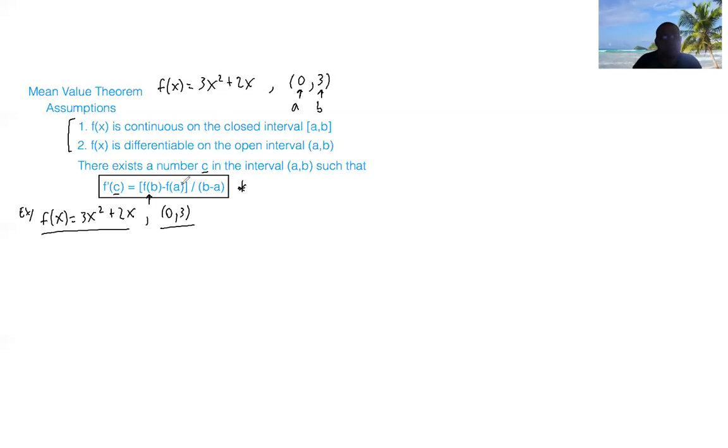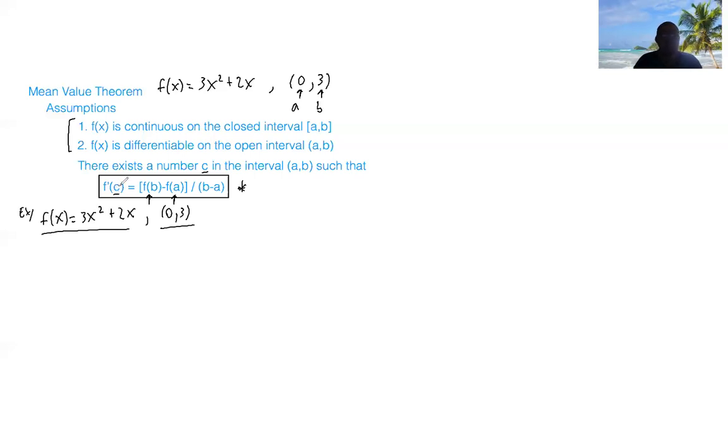Subtract that from what you get from evaluating the original function at x is equal to a. In this case, that's going to be x is equal to 0, right? You're going to divide this by 3 minus 0, and you're going to set all of this equal to the derivative of this function, f prime, evaluated at x is equal to c.